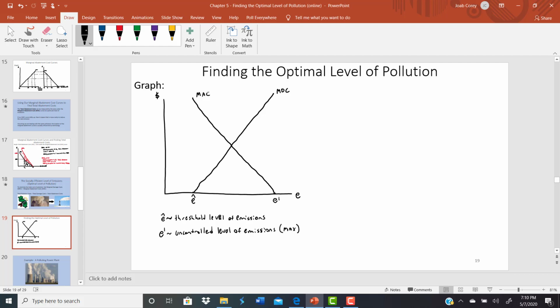And then where these two curves intersect, we're going to get E star, and E star is, you guessed it, that optimal level of emissions.